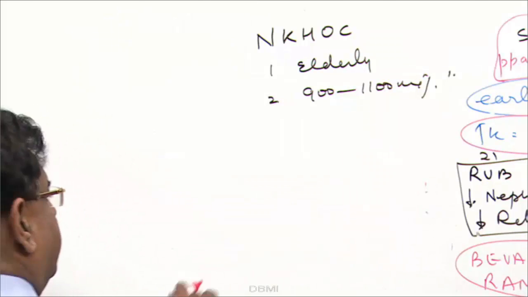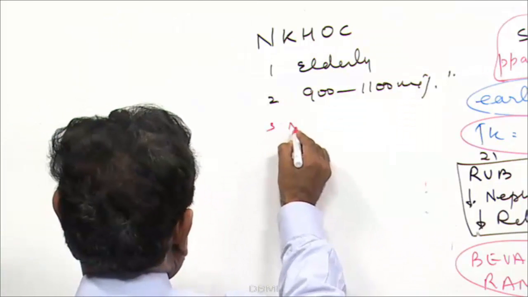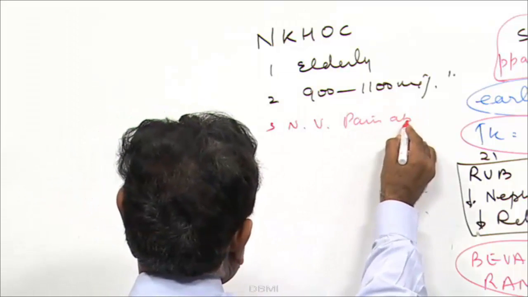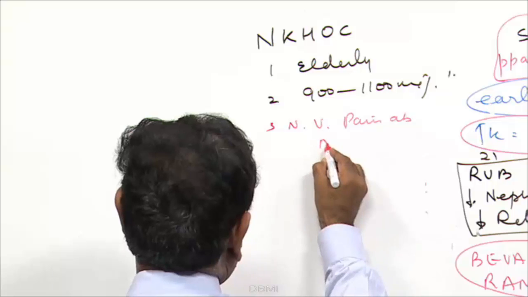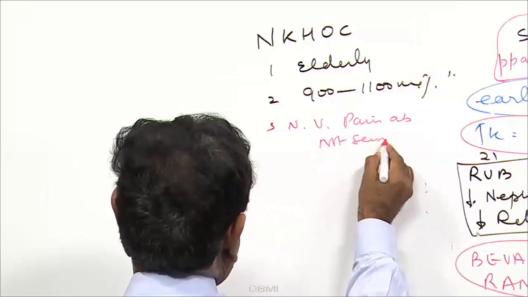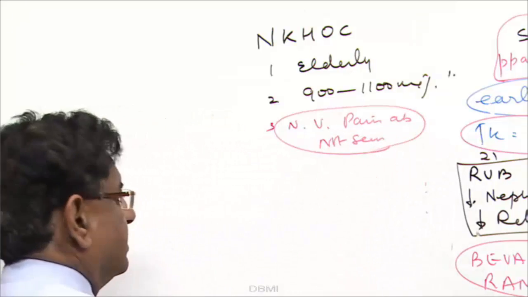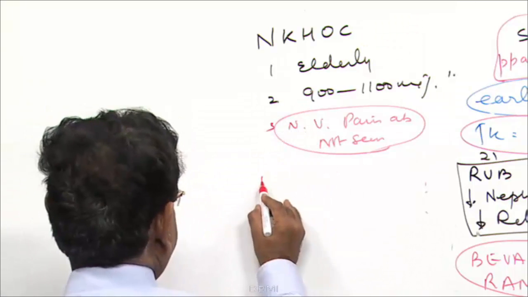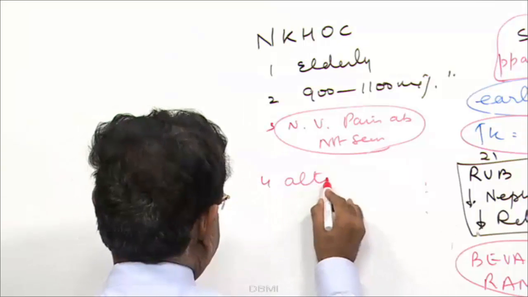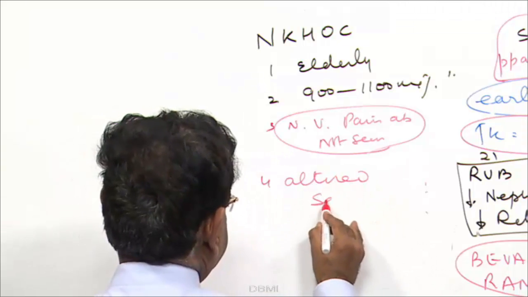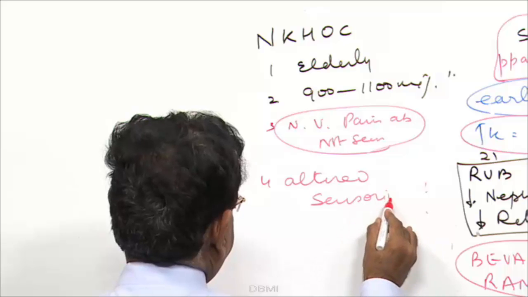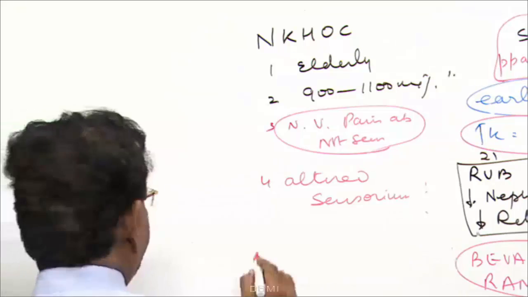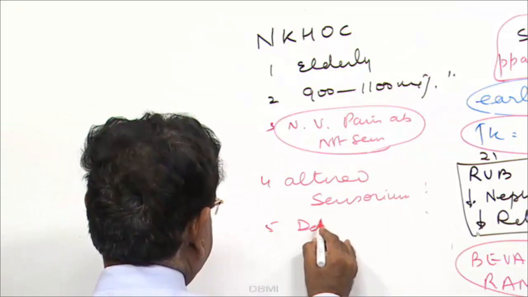Because here nausea, vomiting, abdominal pain are not seen. That's why they come late. They come with altered sensorium and marked dehydration.